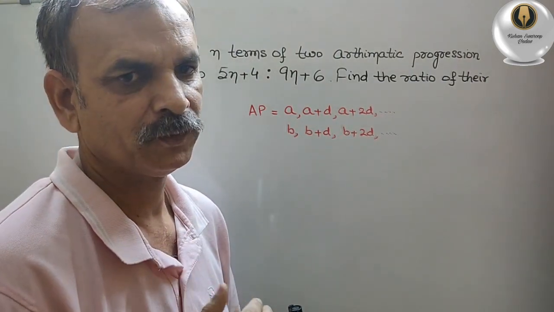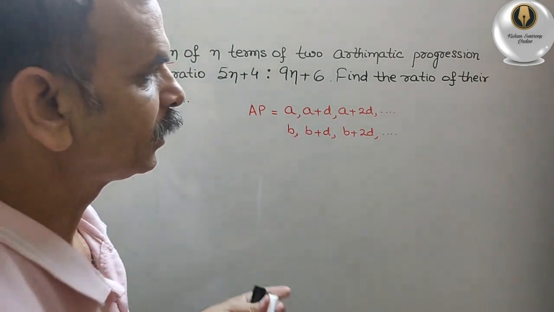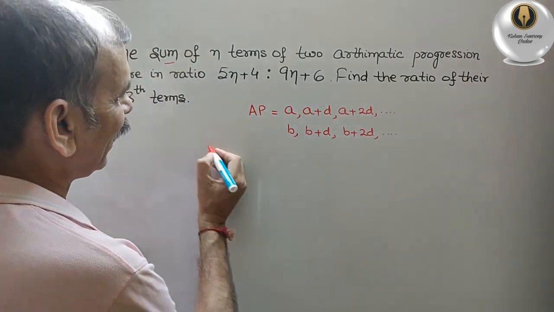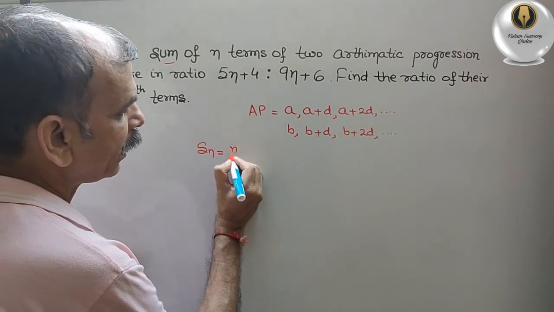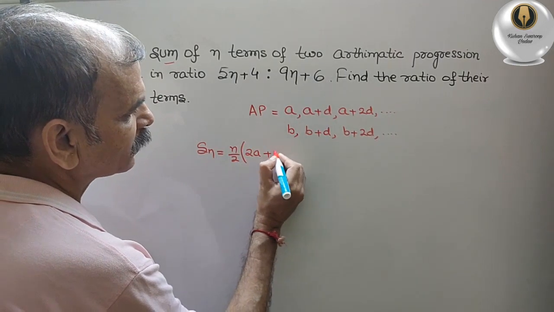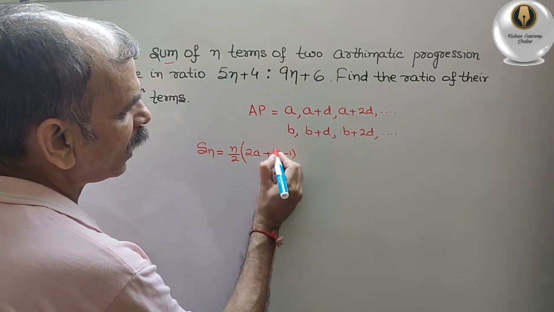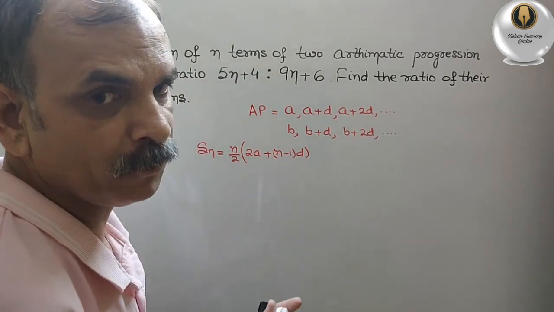So what is the sum formula that we will write? Sn is equal to n by 2 into 2a plus n minus 1 into d. This is the sum formula.